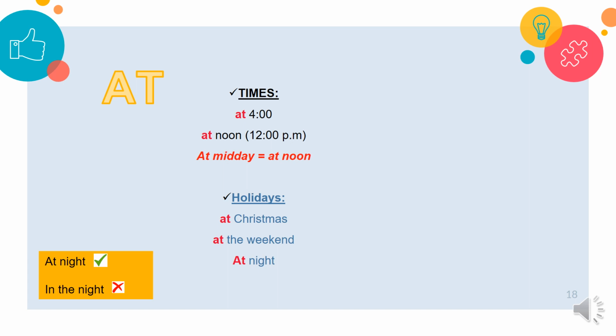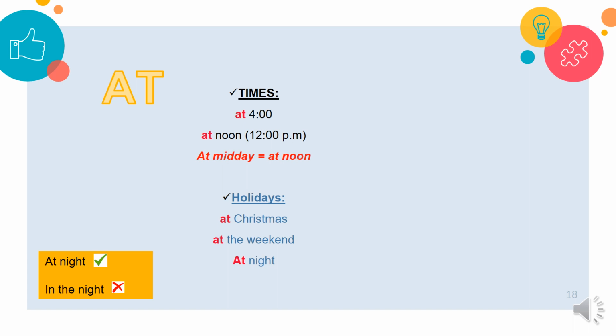Noon, in parentheses, we have 12 p.m. Or we can say at midday, that is similar, the same as at noon. So midday and noon are equal. So we use at midday, at noon.